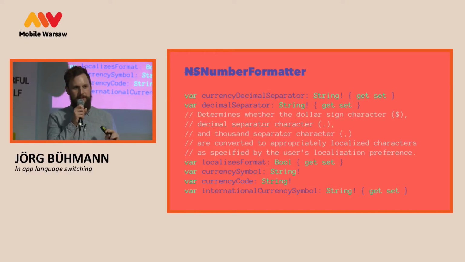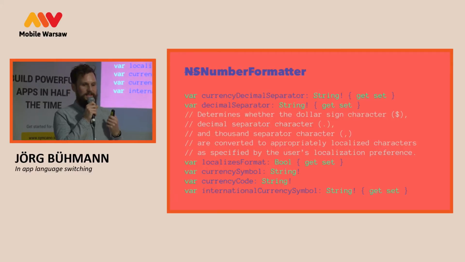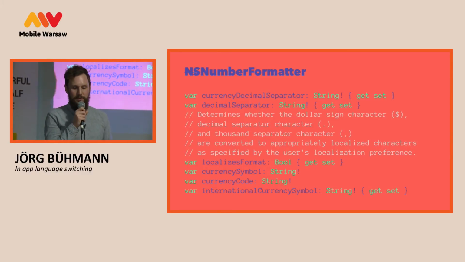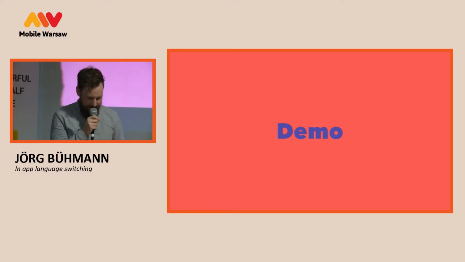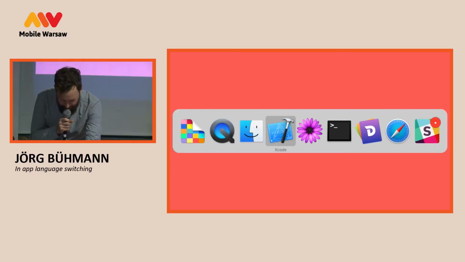You can just use the built-in locales, use the formatting tools, use the APIs that come with the operating system, and they're really, really powerful, and basically take away a lot of the work that you don't have to do. So let's check out what that looks like in code.